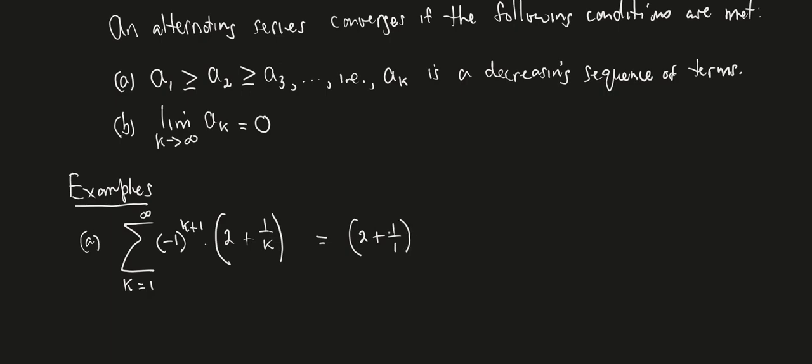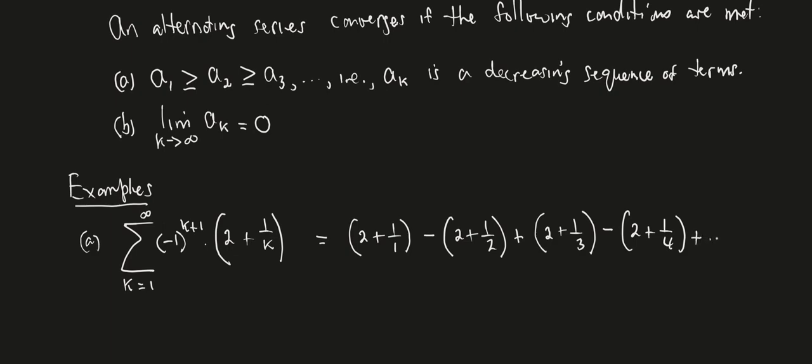The next term, when I plug in k equals 2, is negative 1 to the third power, so a negative coefficient, and then the quantity 2 plus 1 half, and then plus 2 plus 1 third, and then one more, alternating again, negative quantity 2 plus 1 fourth, and then plus dot, dot, dot. And that's what it looks like. We want to know if we continue this pattern, will our terms converge to a fixed number?